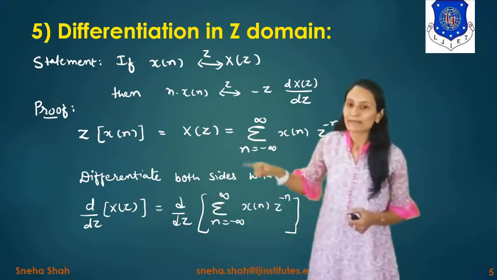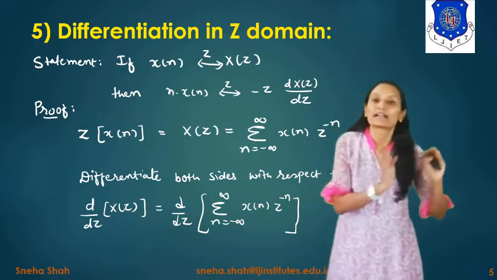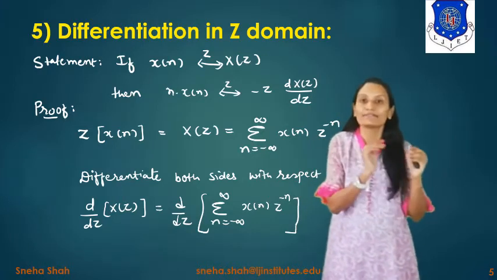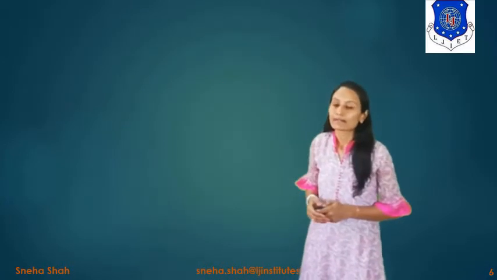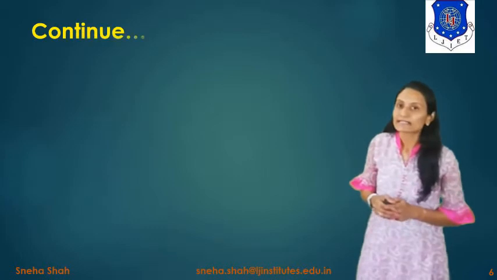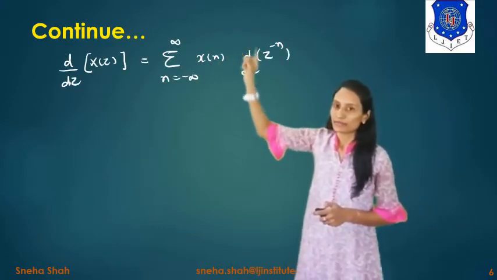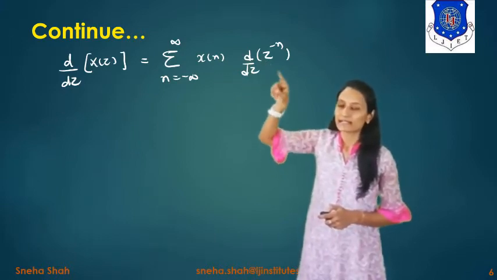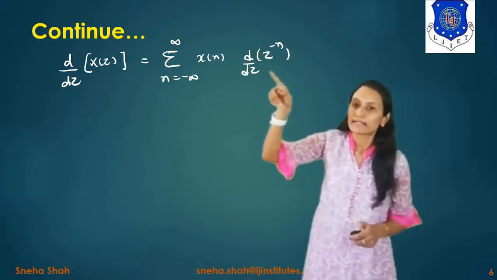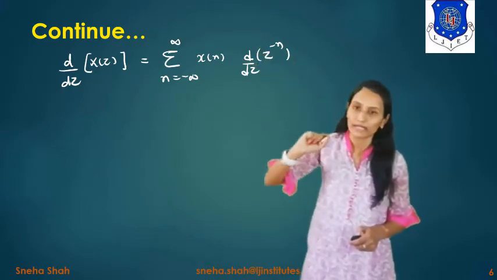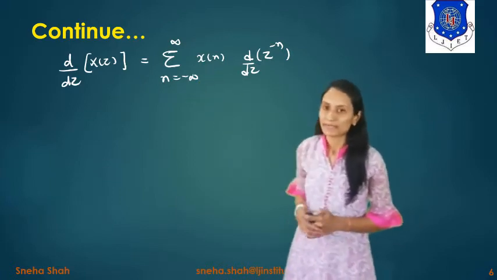Summation n equals minus infinity to infinity. The term containing the z part will come under the d by dz portion, and the term with the n part will come under the summation part, right? So we represent this as d by dz x of z equals summation n equals minus infinity to infinity x of n d by dz z raised to minus n. Now here you can see that d by dz means here we will use the z term only, and the n term goes over here in the portion of summation.